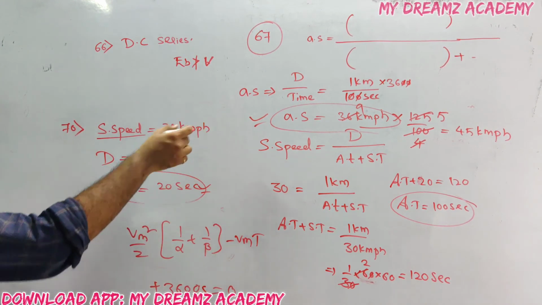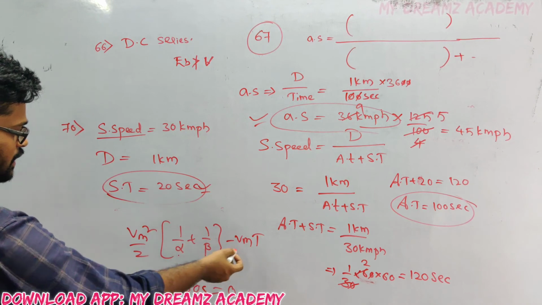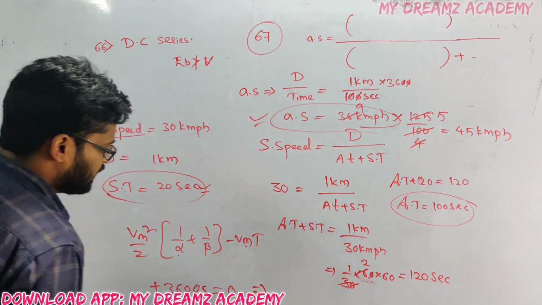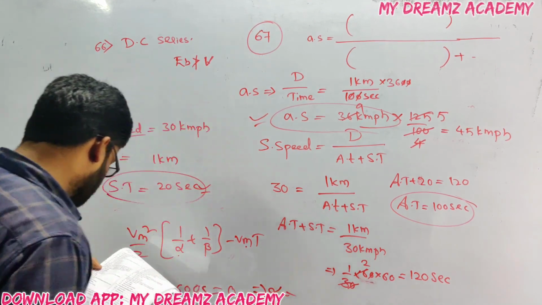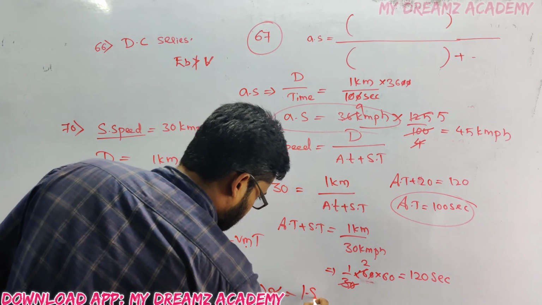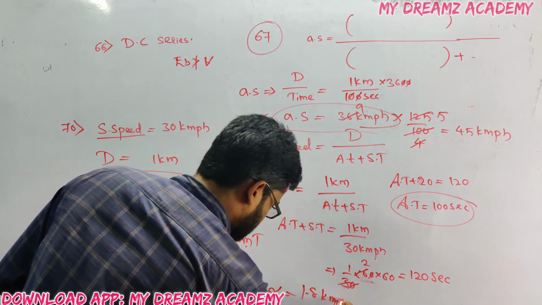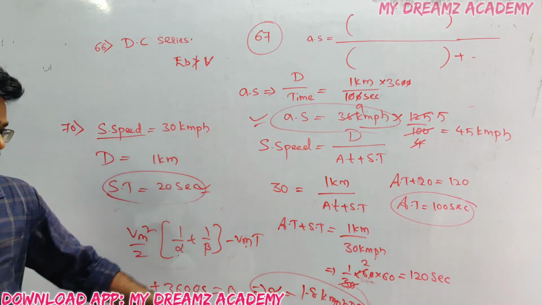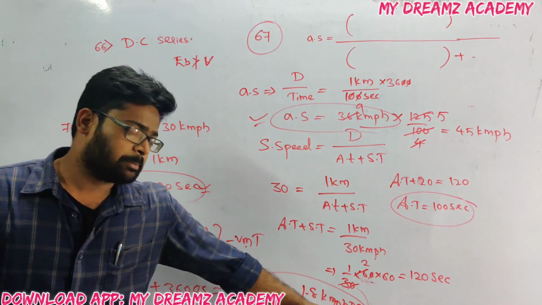If you substitute the alpha value, Vm value and the S value, if you substitute all the values in this, we will get alpha value equal to 1.8 kilometer per hour per second. The units of acceleration are kilometer per hour per second.